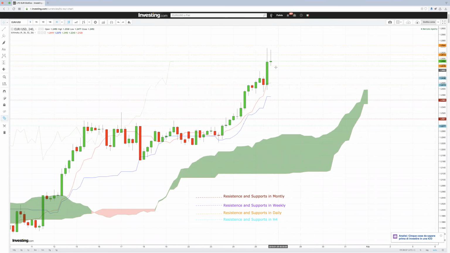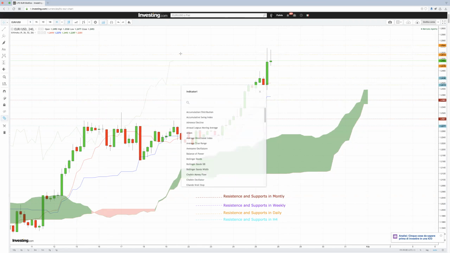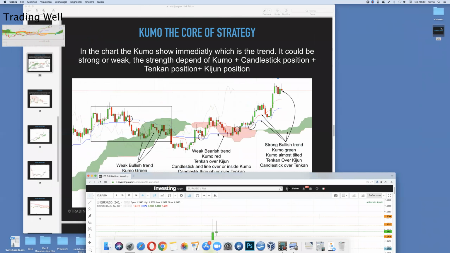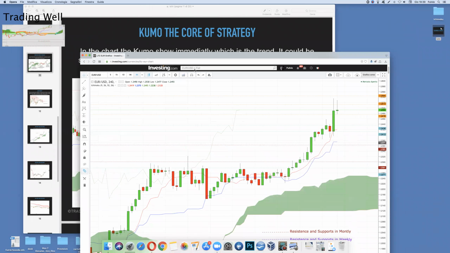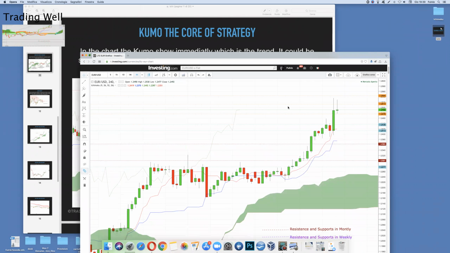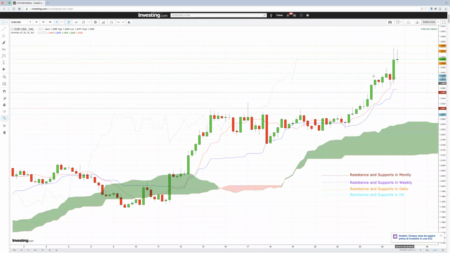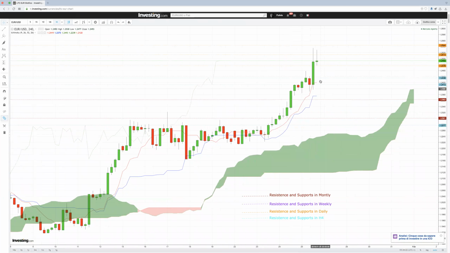Now maybe we can help us with another indicator like vortex. No, use only Ichimoku. Okay. So the price is quite far from Tenkan.